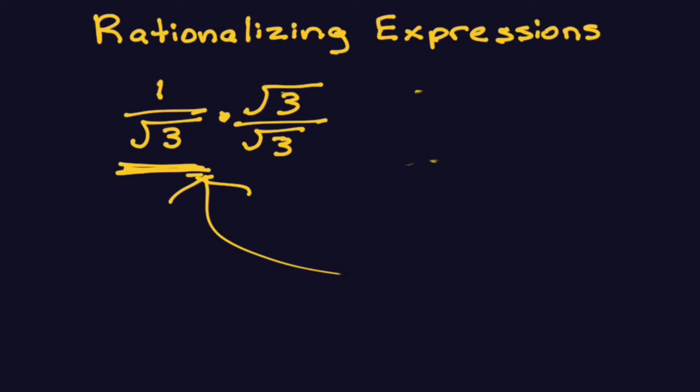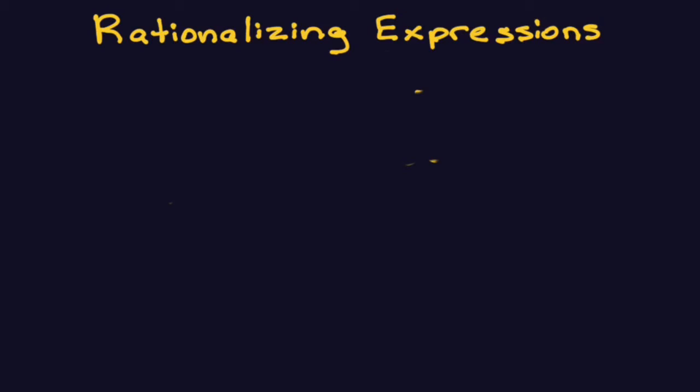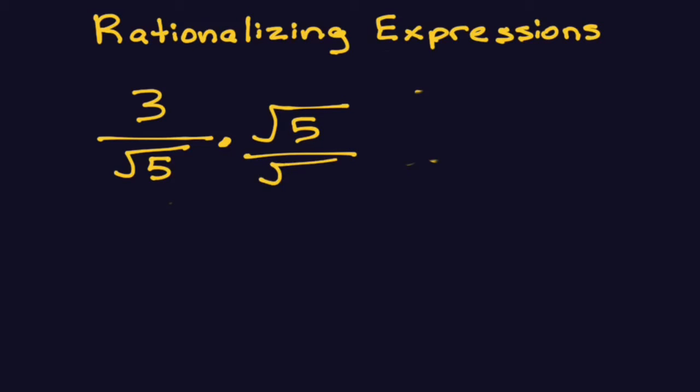Now let's do another one. Let's say we had 3 over the square root of 5. Like I said before, we're just going to multiply this by the square root of 5 over the square root of 5, which is just 1.